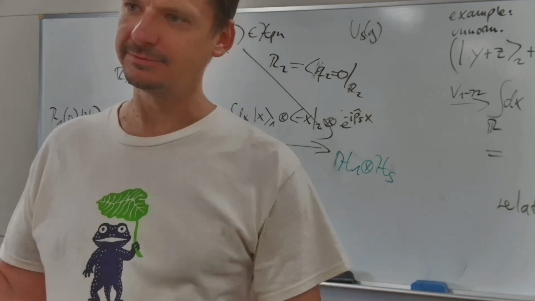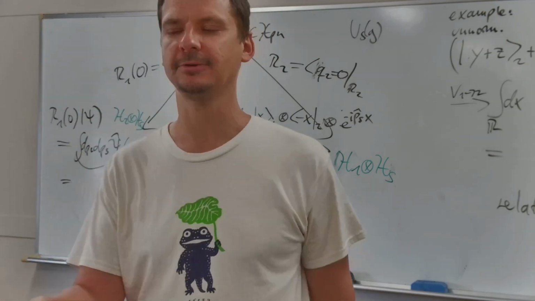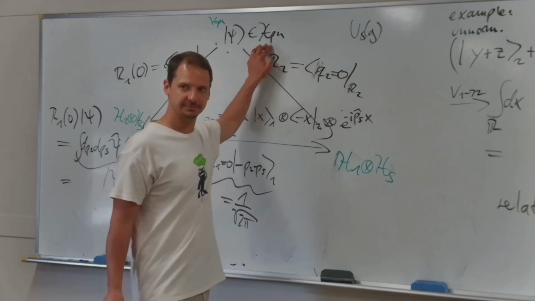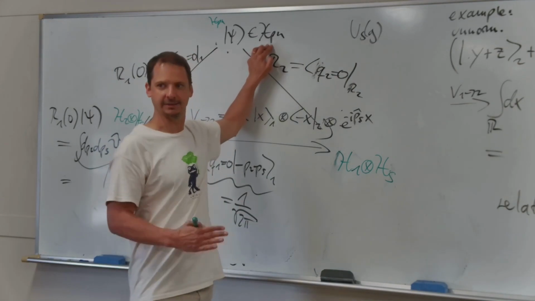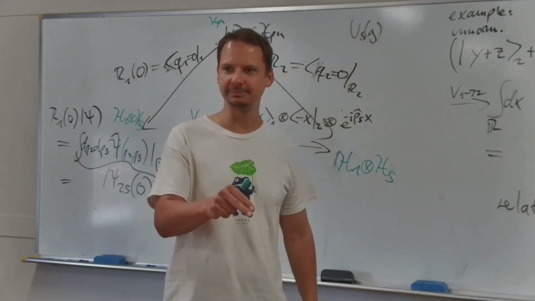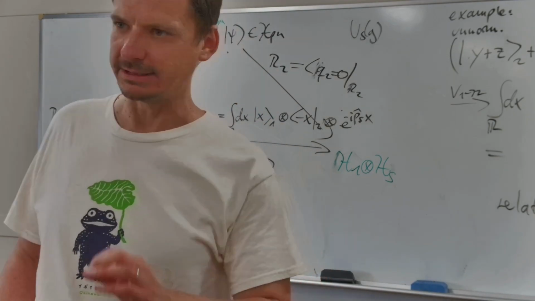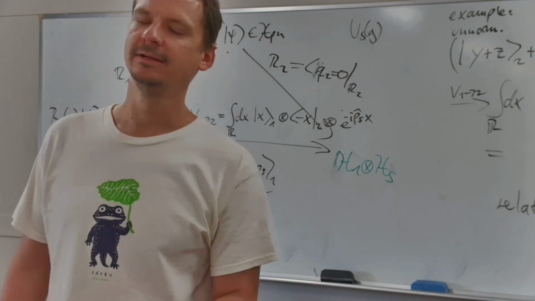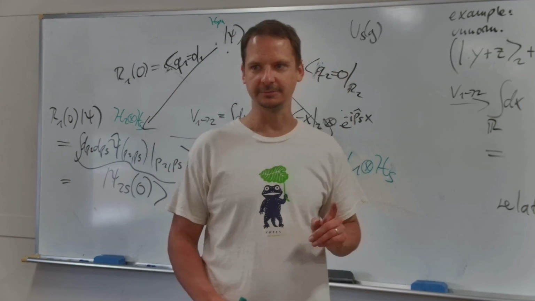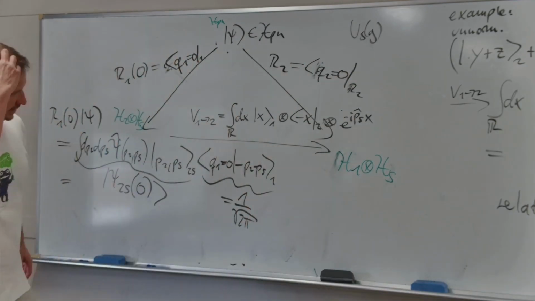So even though I use a gauge fixing to define the tensor product structure, it is a tensor product structure on the gauge invariant Hilbert space. It is a gauge invariant tensor product structure. You use the gauge fixing, but it doesn't depend on the gauge. It depends on the choice of quantum reference frame, but the choice of quantum reference frame is not equal to the choice of gauge. So I must be careful with that. All right.